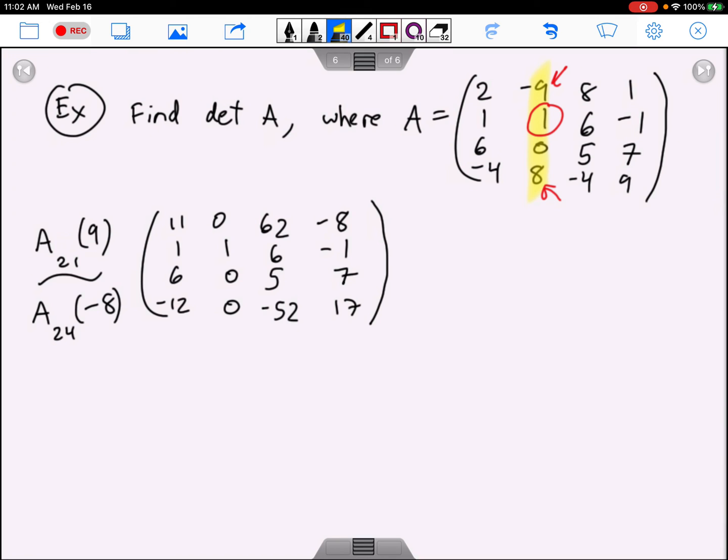Now, isn't this nice? We just have 3 zeros on this column now. So now we're going to do the determinant. And notice that our determinant has not changed because all we've done is use the elementary row operations here.